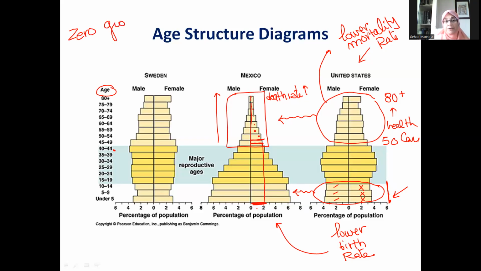So whenever we say that a population has zero growth, then you have a death rate that is almost equal to the birth rate, and therefore there is almost zero increase in the number of individuals in the population.